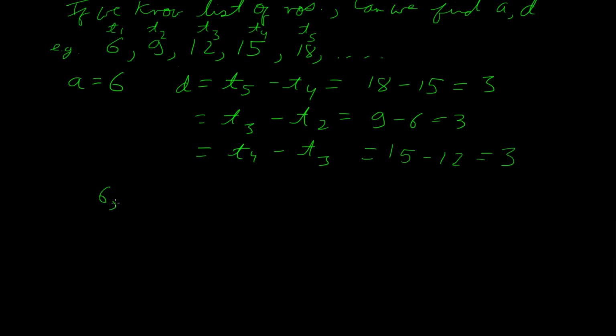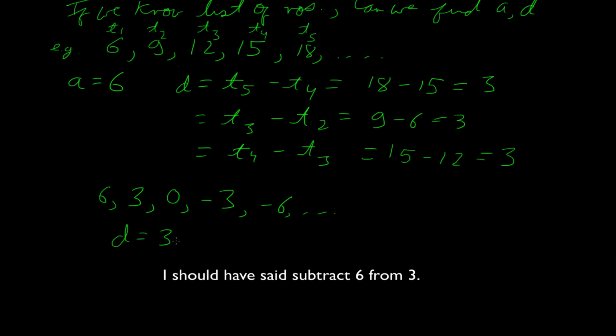So be careful that if we have something like 6, 3, 0, minus 3, minus 6, then to find D, you have to subtract 6 from 3, that is 3 minus 6 equal to -3, and not 6 minus 3 equal to 3. This would be wrong.